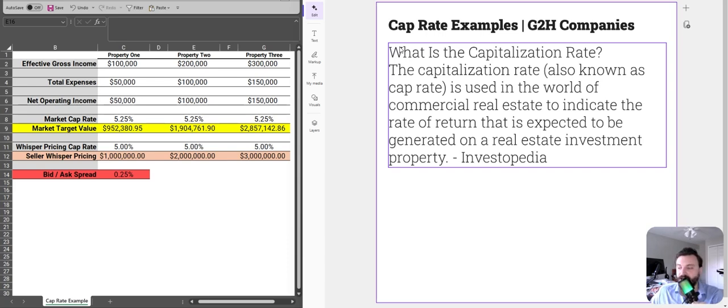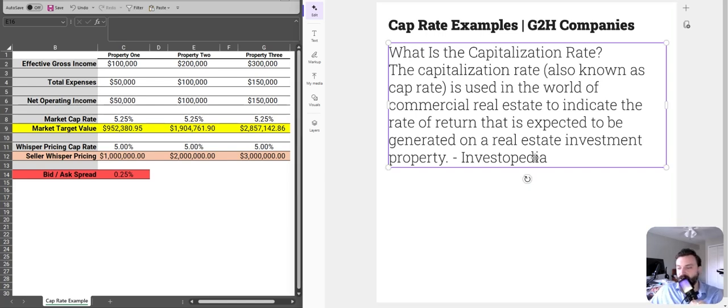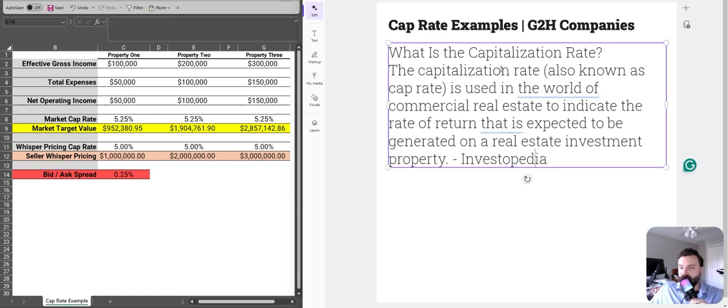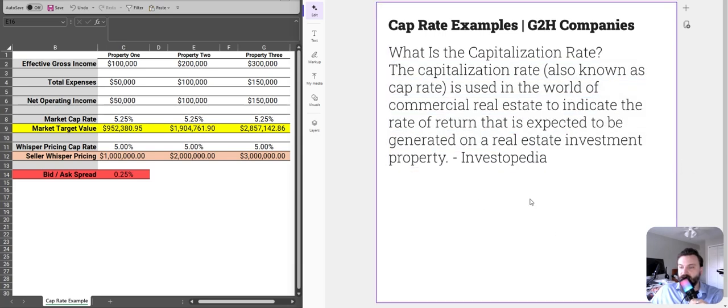So a cap rate is simply an expression of a return. This is from Investopedia. I did not make this up. So what is the capitalization rate? The capitalization rate, also known as cap rate, is used in the world of commercial real estate to indicate the rate of return that is expected to be generated on a real estate investment property.